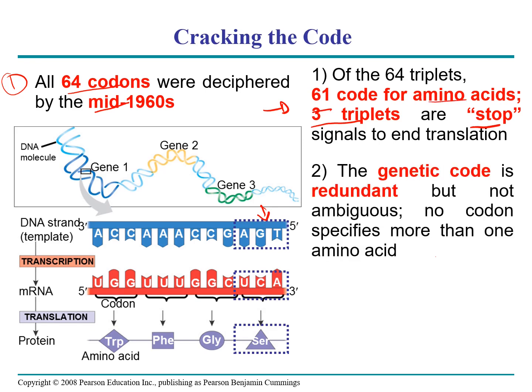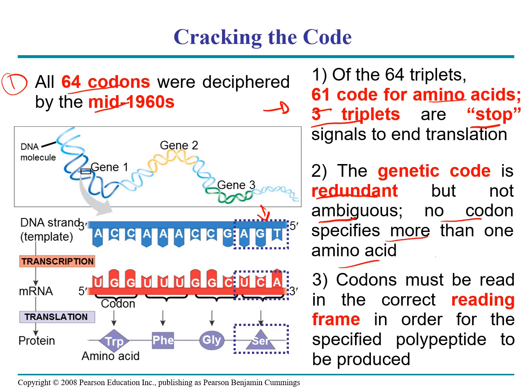So as a result of that, they found that the genetic code was redundant. However, it is never ambiguous. So no codon is specified for more than one amino acid. And again, just to finish, I told you that codons must be read in the correct reading frame. And I gave you an example that if you remove one nucleotide, you will shift the reading frame of the codons, so you will get completely different proteins.